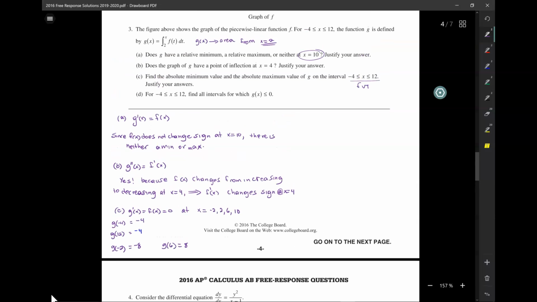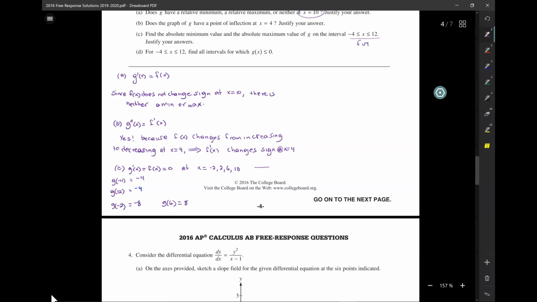So what do we want here? Absolute max at g of 6 equals 8. Absolute min at g of negative 2 equals negative 8.